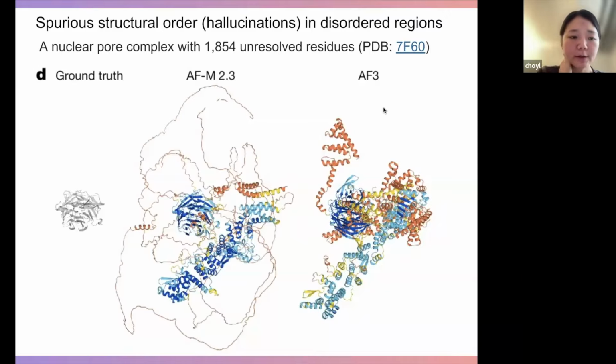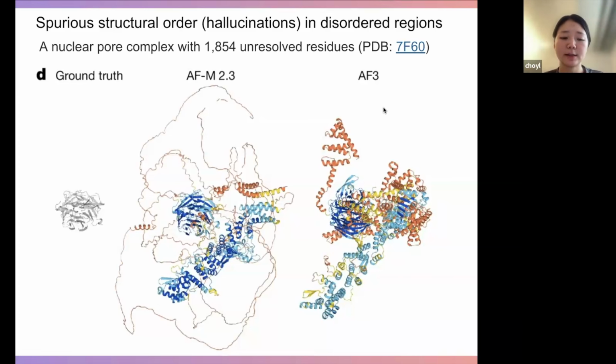For example, people compared the AlphaFold 2 model and the AlphaFold 3 model on multiple different targets, and this is an example of a disordered protein. When you give this protein to AlphaFold 2, there is some helical structure and the other part is highly disordered, making a spaghetti-like structure.